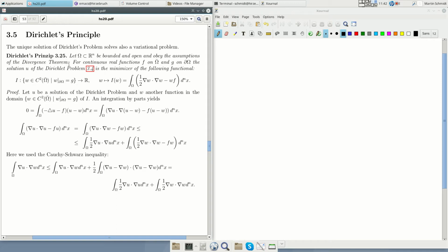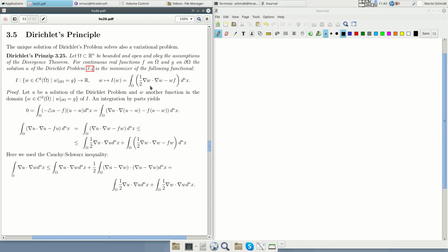can also be applied. Now, for a continuous real function f on the closure and g on the boundary, we have two continuous real functions. The solution of the Dirichlet problem is the minimizer of the following functional. So the functional is this expression.